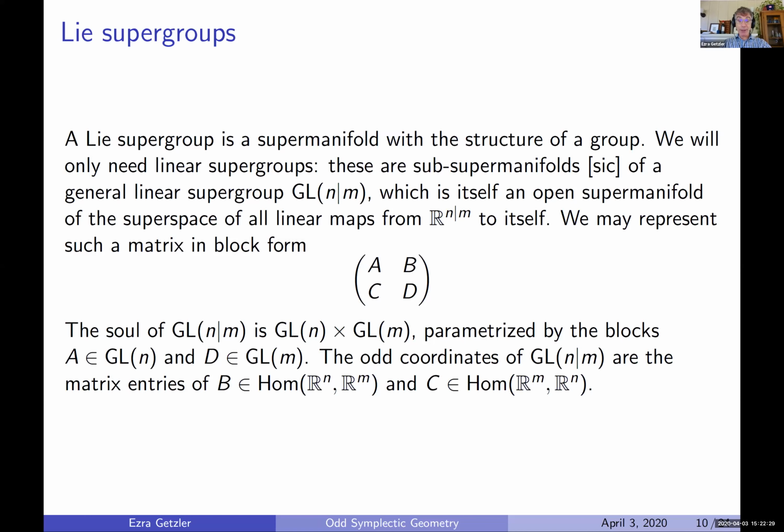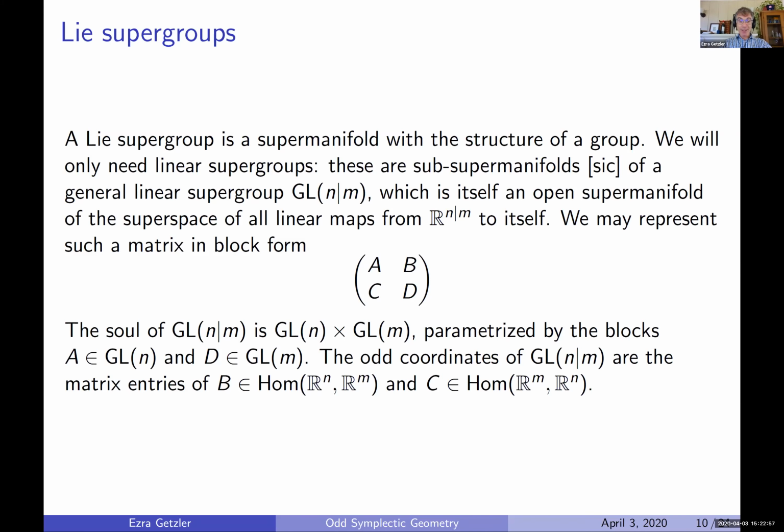And that principal bundle will have a structure group, which will be a Lie group. So likewise, in supergeometry, we're going to think of principal superbundles with structure supergroup, which is a Lie supergroup. We're not going to be thinking about any fancy examples.